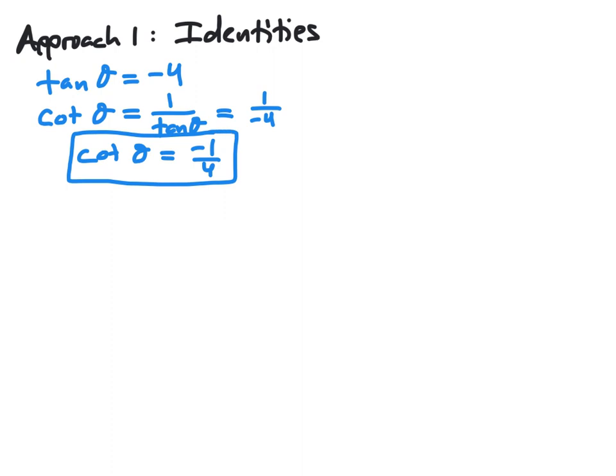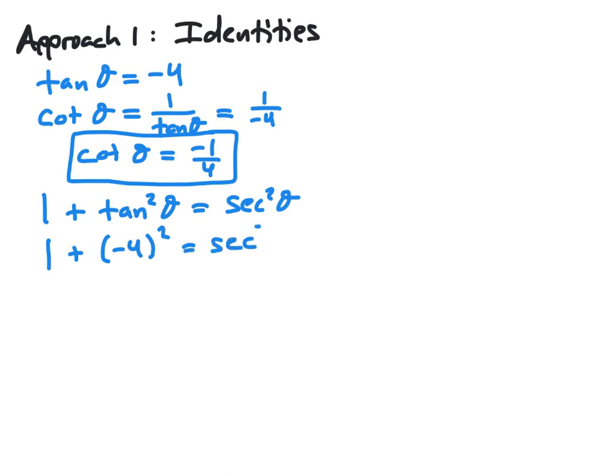In order to find another trig function, we're going to look at our Pythagorean identities. We know that one of those states that 1 plus the tangent squared of theta is equal to the secant squared of theta. We can substitute in -4 for tangent theta here and find the secant of theta. So this will be 17 equals secant squared theta.